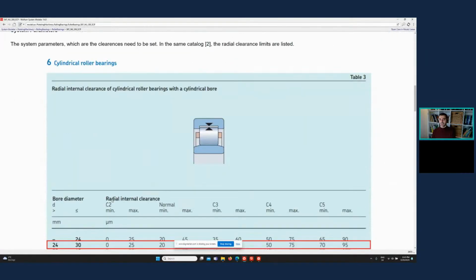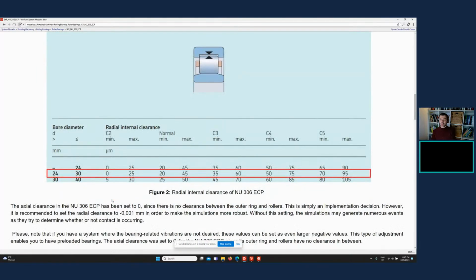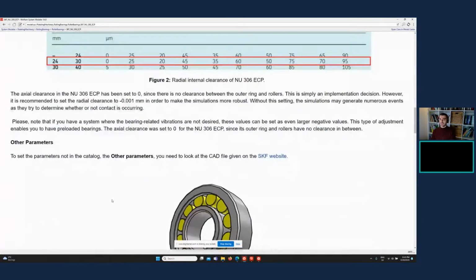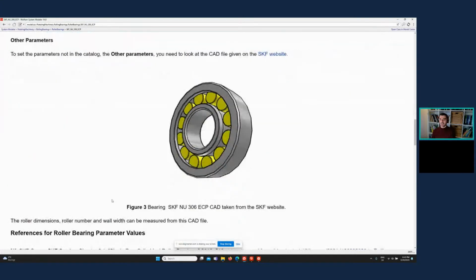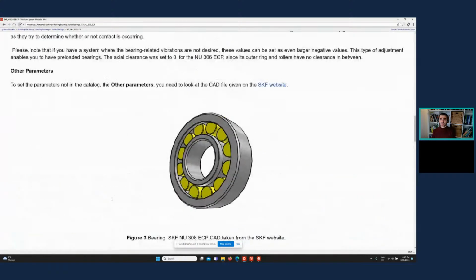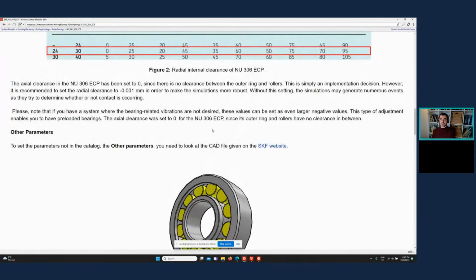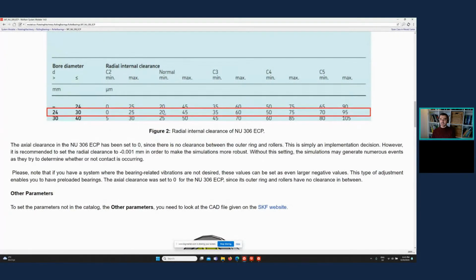We are showing how to read the corresponding parameters, like the radial internal clearance and how many rollers it has, and so on. We have all the links. You can just click and go to the manufacturer's or supplier's website to get the catalog.